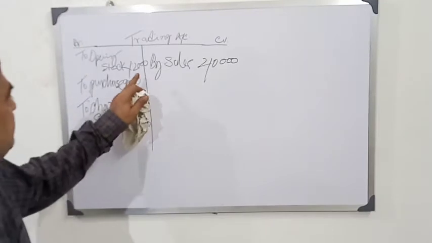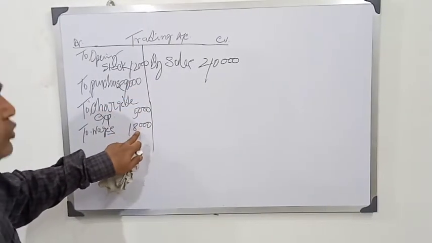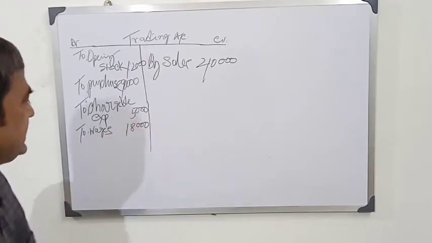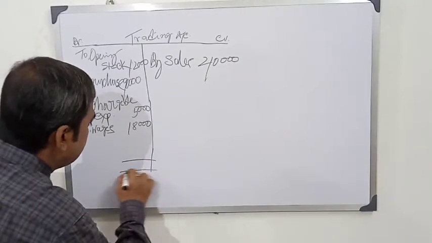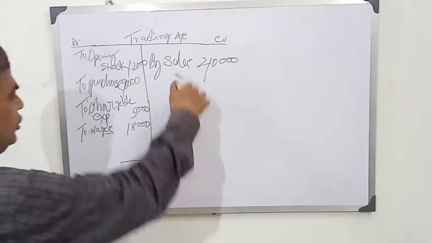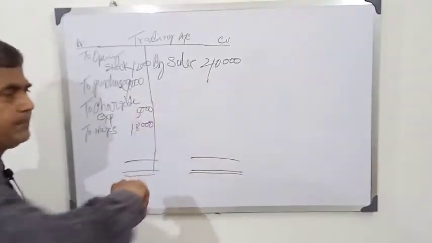Now 12,000 plus 90,000 is 1,02,000. 1,02,000 plus 18,000 is 1,20,000, plus 5,000 is 1,25,000. Now 1,25,000 is your direct expenditure and charges. Now 2,10,000 is your sales.